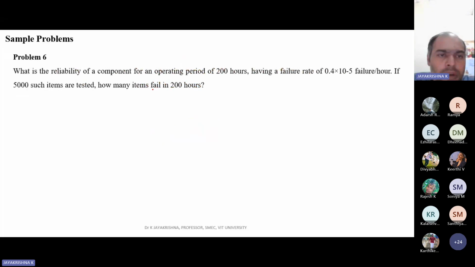In the same way, the operating time T is given, the failure rate is given, and the number of components is given. When T is equal to 200, what is the reliability?